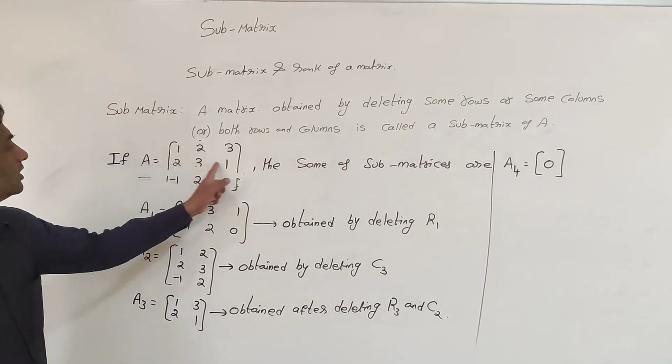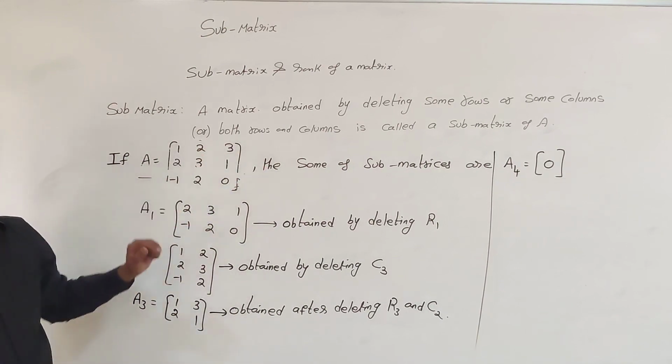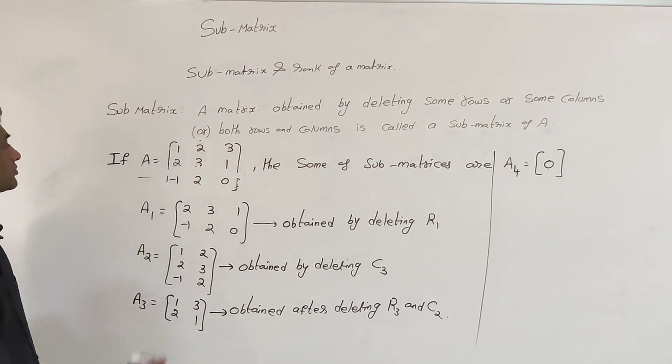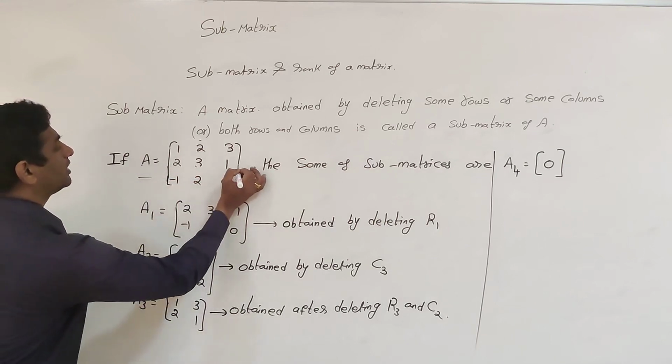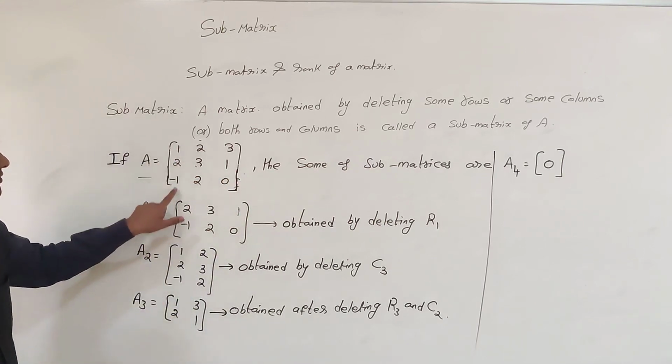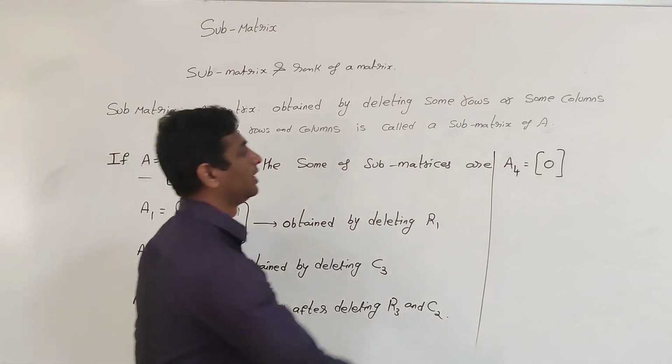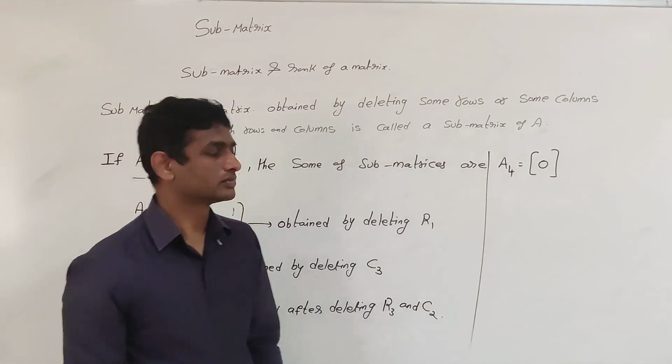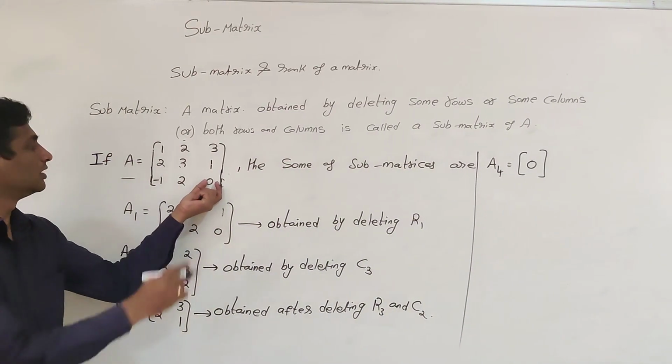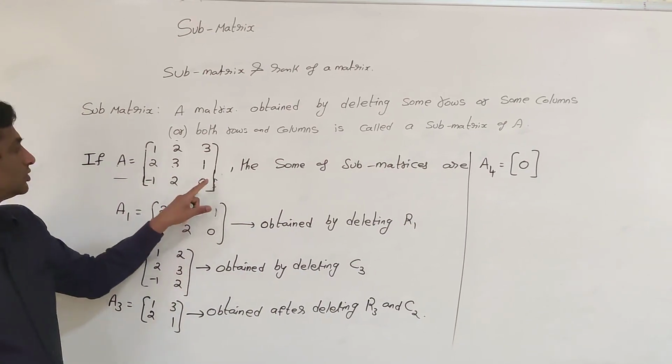After deleting row 1, row 2, column 1, column 2, you will get 0, because 0 is the element in the third row and third column.